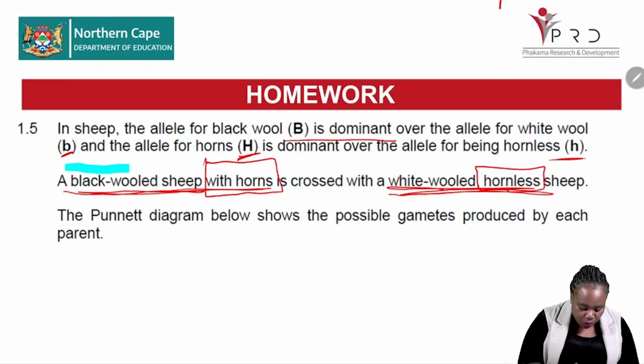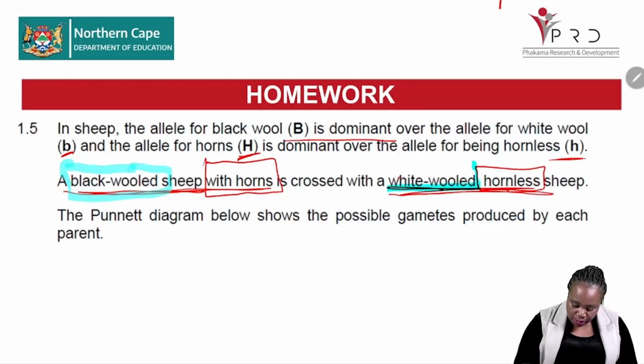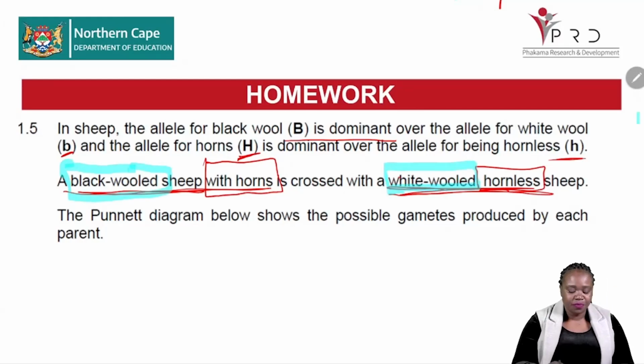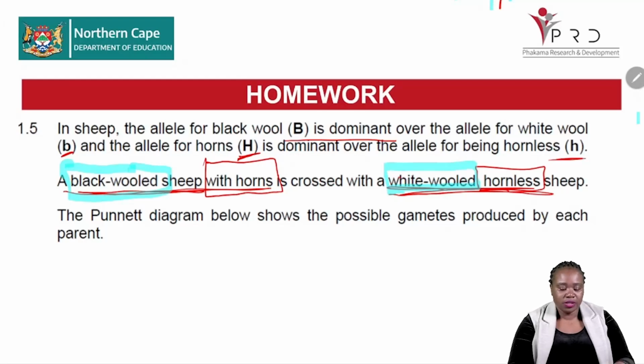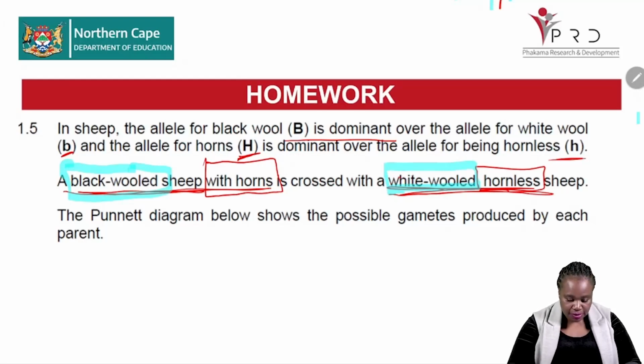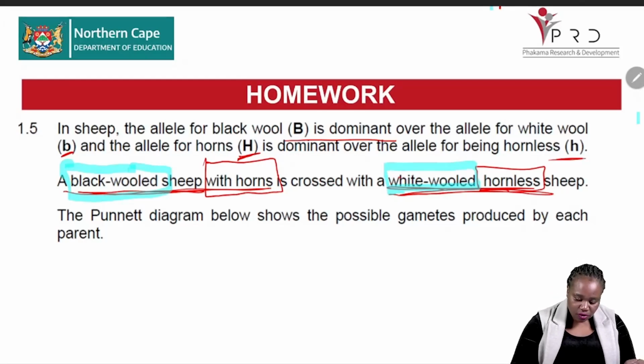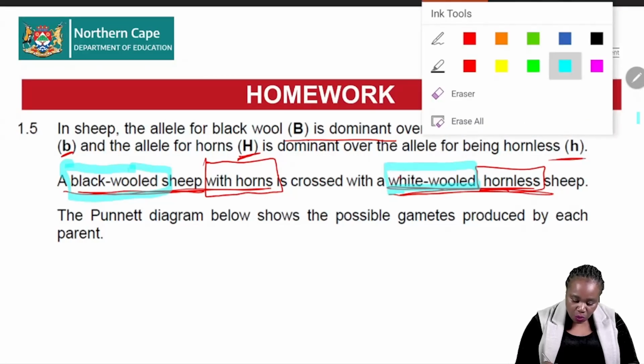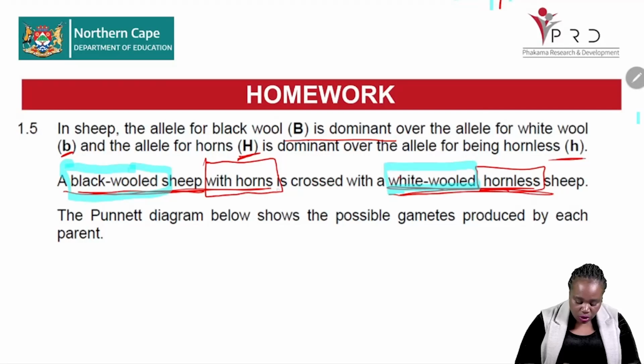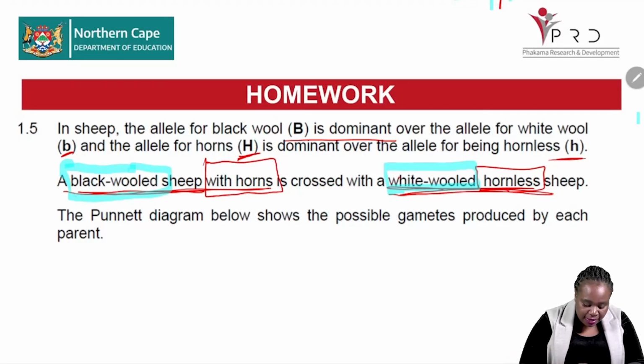So here we have the black wool, and then we have the white wool over there. Now, if we have a look at these 2 characteristics, you can see that with the first organism, there's the wool, and then there's also the horns, and then with the second one again, the wool and not having horns. Now, black wool. What is it that we know about black wool? We know that black wool is dominant. Now, they say this organism is black wooled.